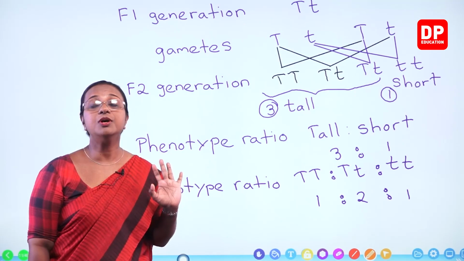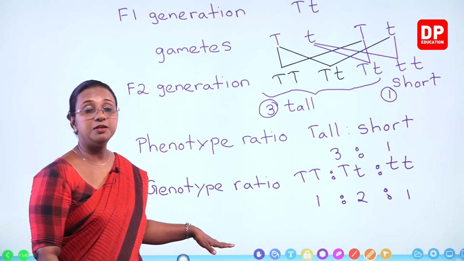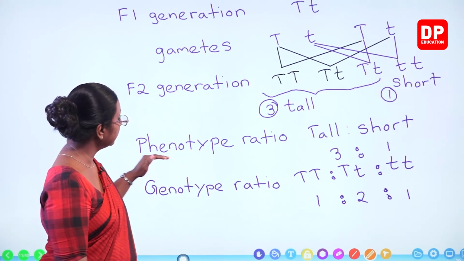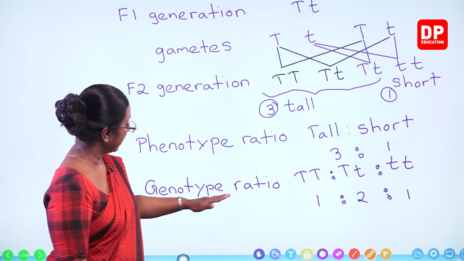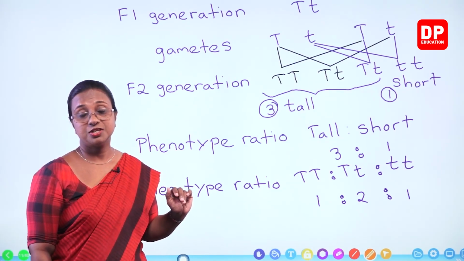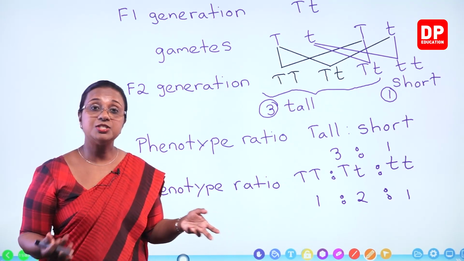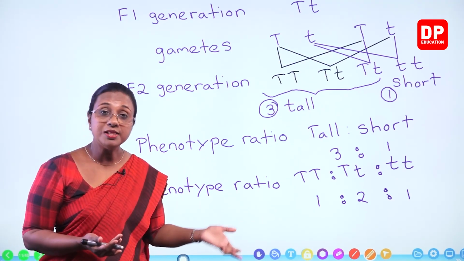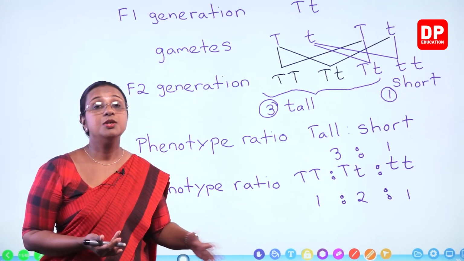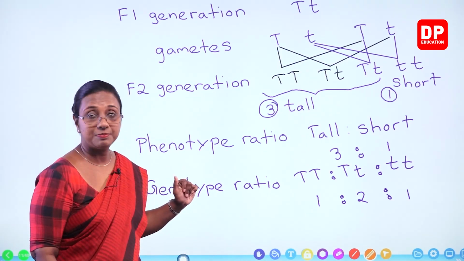You all have to remember these. When there is a monohybrid cross, you get the phenotype ratio and genotype ratio for the second generation. Even for the first generation it is there, but there is no ratio. Why? Because all the plants are tall plants. So the genotype is going to be capital T, simple t.